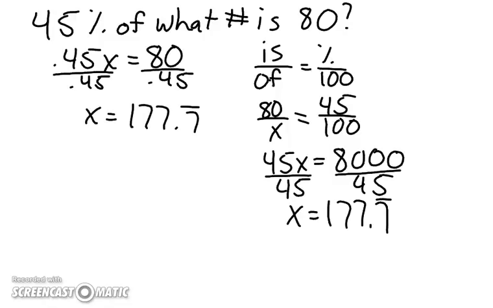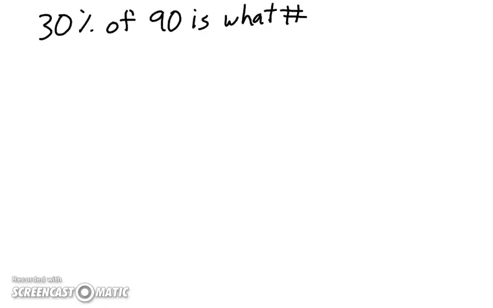Okay. The third type of problem here, we can say 30% of 90 is what? Now for this one, it actually helps to use the equation because the equation is going to involve really no algebra.